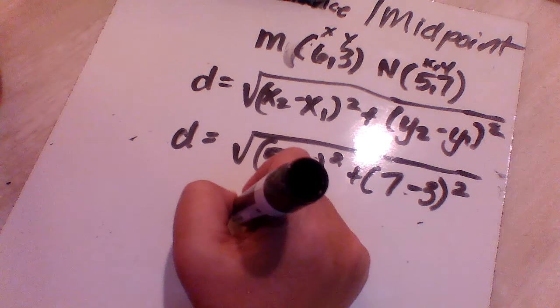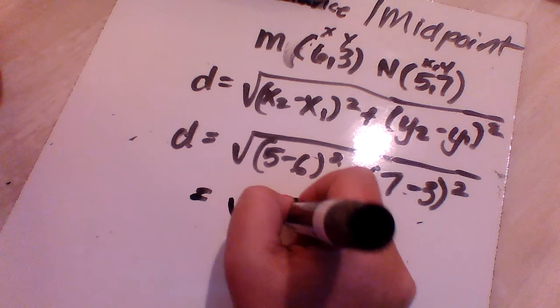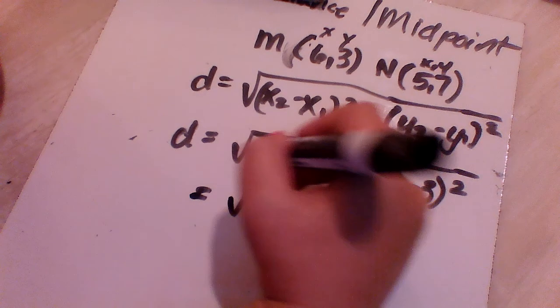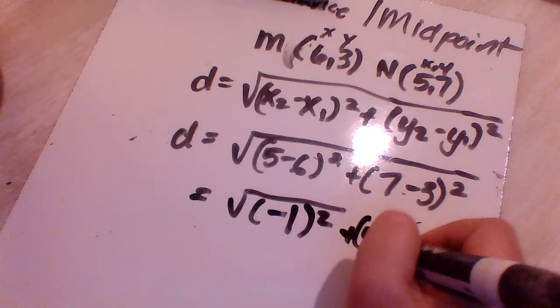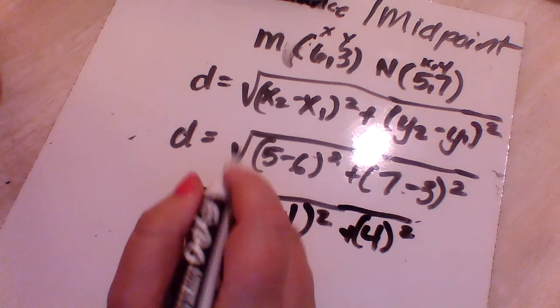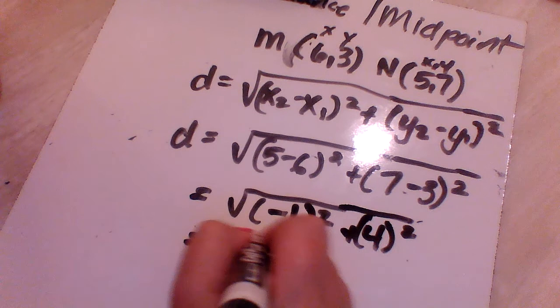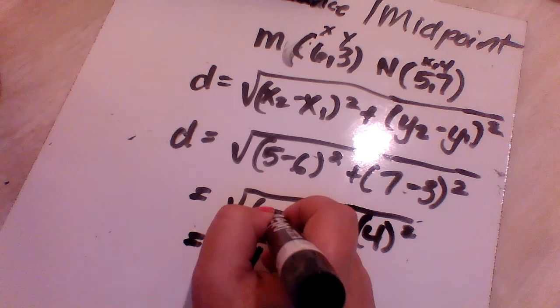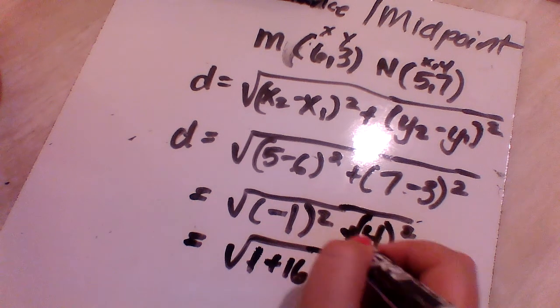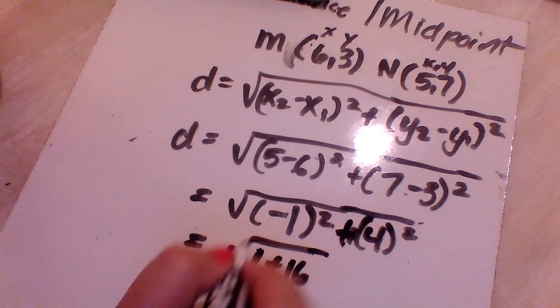Okay, so that is going to give us (-1) squared, since 5 minus 6 is -1, plus 4 squared. That is going to give us 1 plus 16. -1 squared is just 1, plus 4 squared is 16.